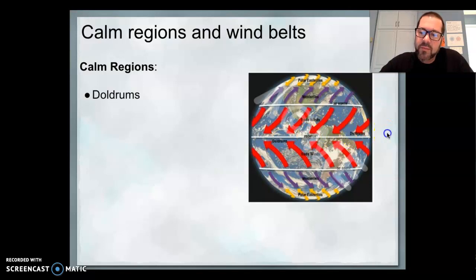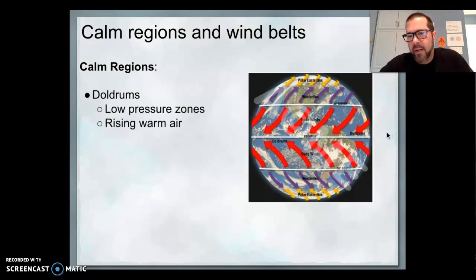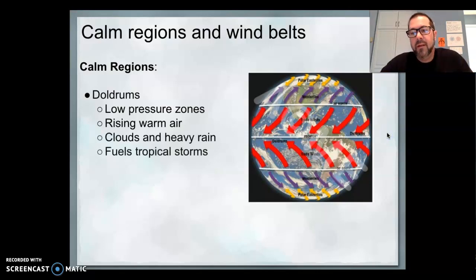So the doldrums here are low pressure zones that straddle the equator. Here we see rising warm air creating clouds, heavy rain, and really fueling our tropical storms. If you notice, the area right here around the equator, this is where hurricanes, cyclones begin, and it's where they do their most damage. So the doldrums are stormy, unstable areas.